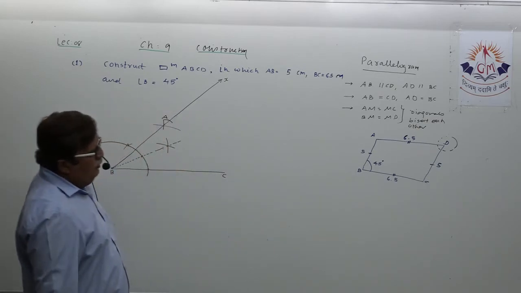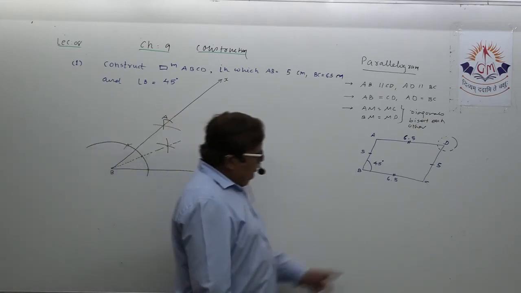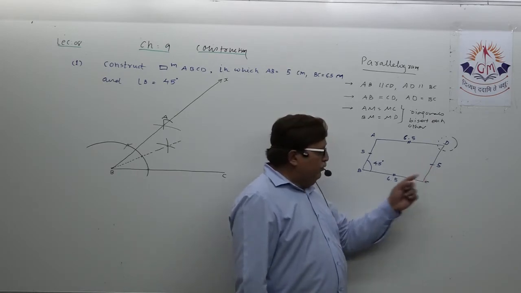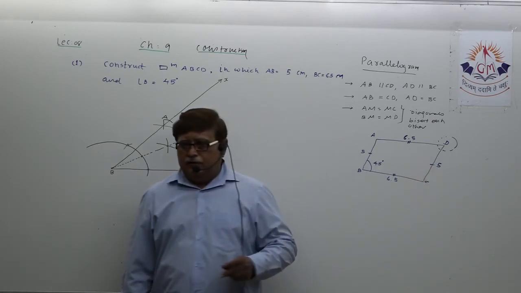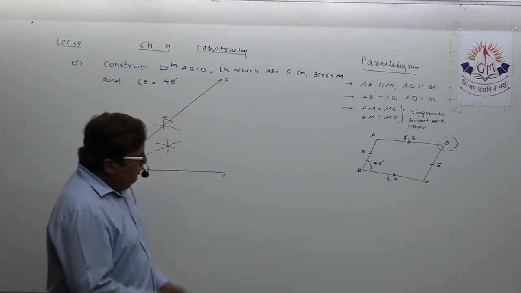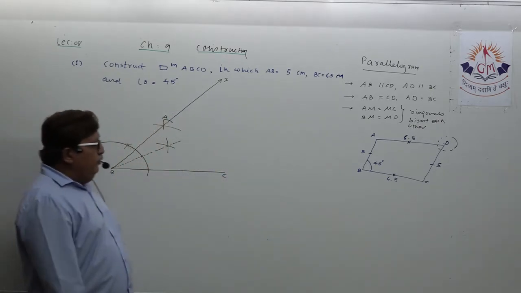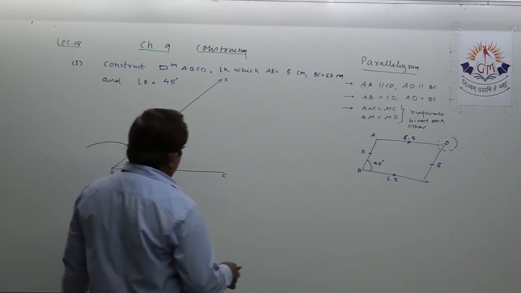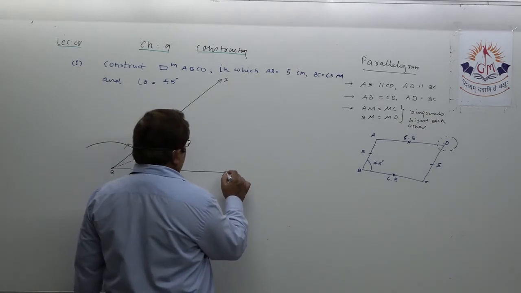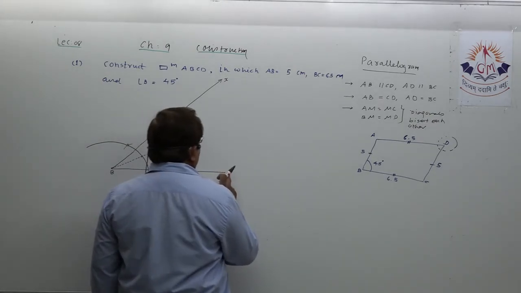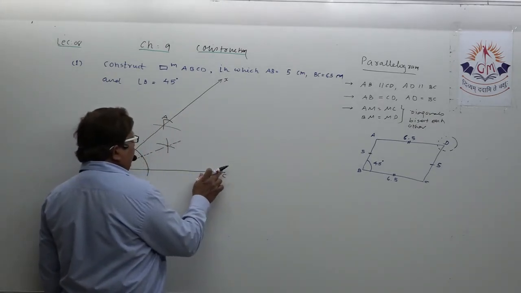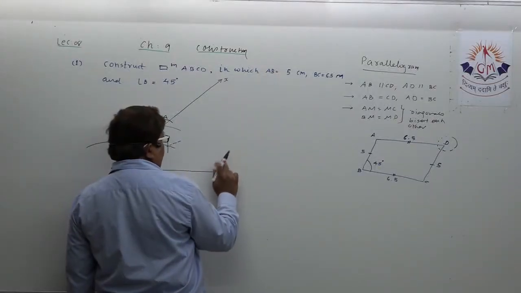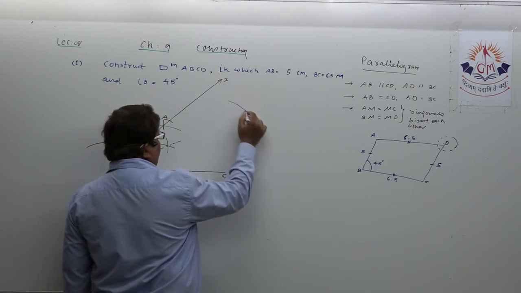We are just now worrying about CD. So center your compass at C, and before that take a radius of 5 centimeter. After taking the radius of 5 centimeter, center your compass at point C, and draw one arc this way.